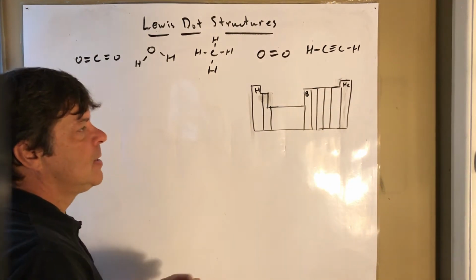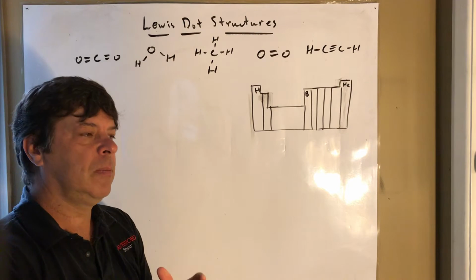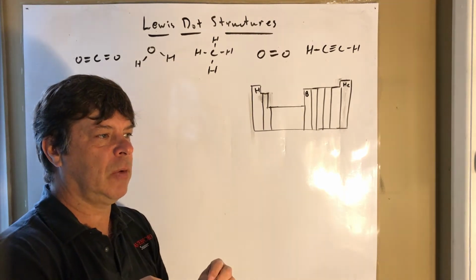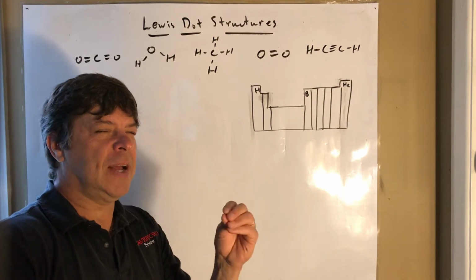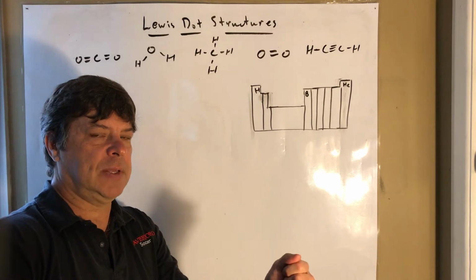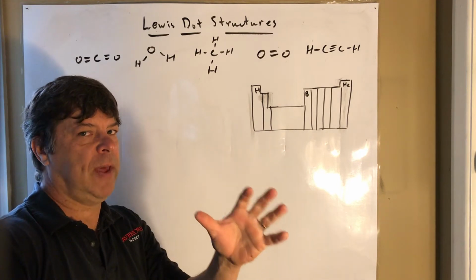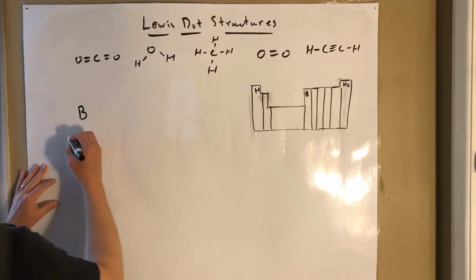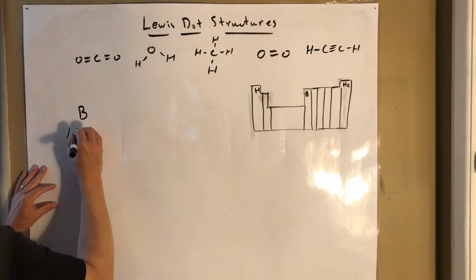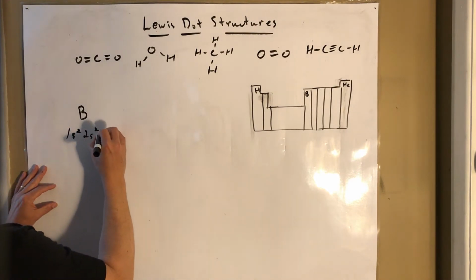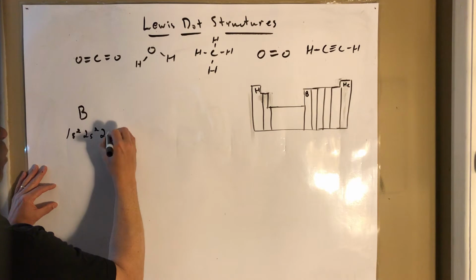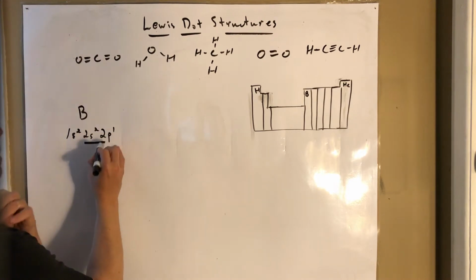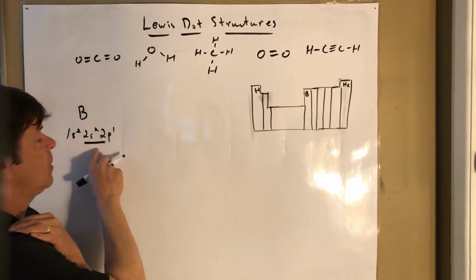Now I have another periodic table over here if I need to look at it, but boron's right here. So what we do with a Lewis dot structure is just use dots to represent the valence electrons. So just remember what valence electrons are. Boron is 1s2, 2s2, 2p1. So valence electrons in the outermost energy level.